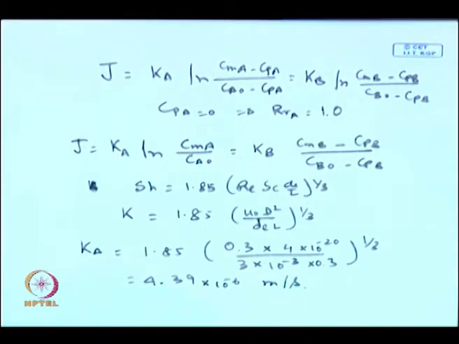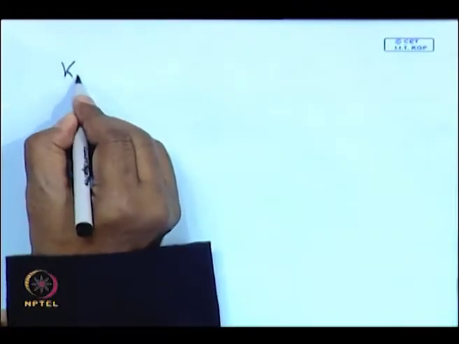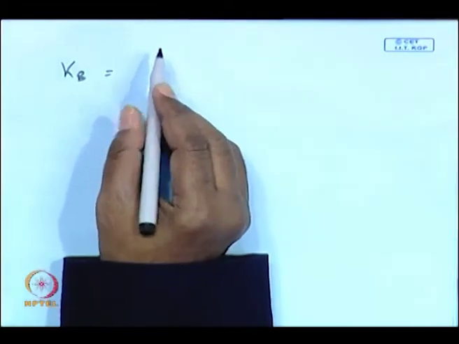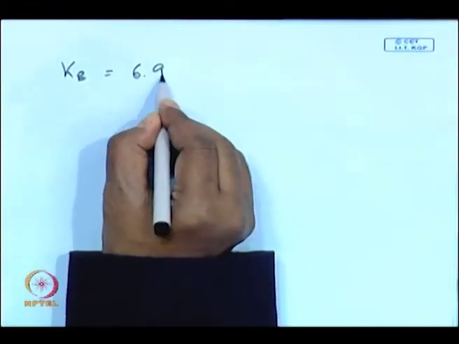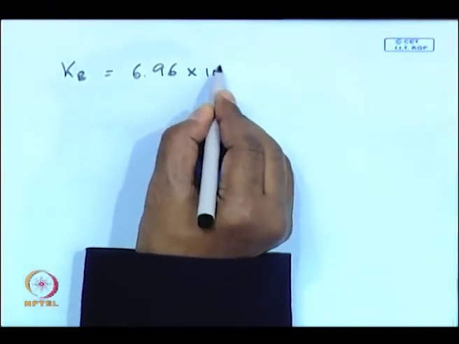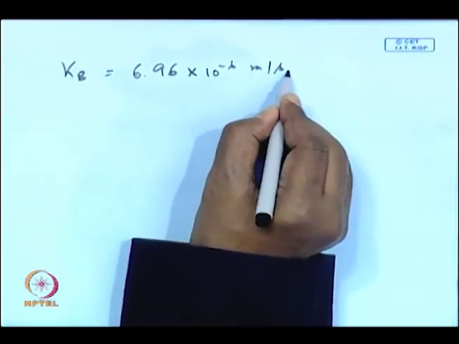Okay. Similarly, we put the value of diffusivity corresponding to the solute B there, and we will be able to calculate the mass transfer coefficient of the solute B. Just putting the value of that there, it turns out to be K_B becomes 6.96 into 10 to the minus 6 meter per second.